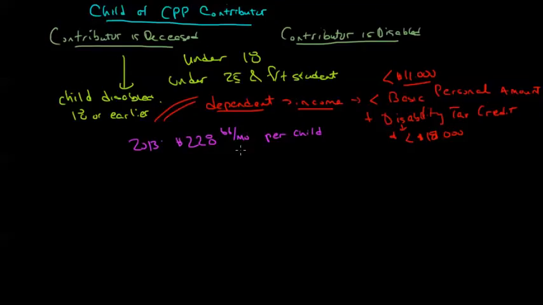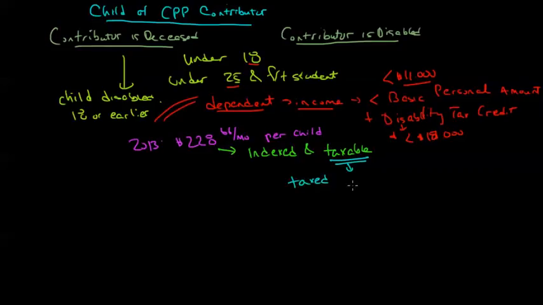And as we are probably quite accustomed to now, this amount is both indexed and also taxable. It would stop at age 25 or when the child is no longer a student, whichever. So when they no longer meet the criteria that they qualified for, the benefit ends, which of course makes a lot of sense.